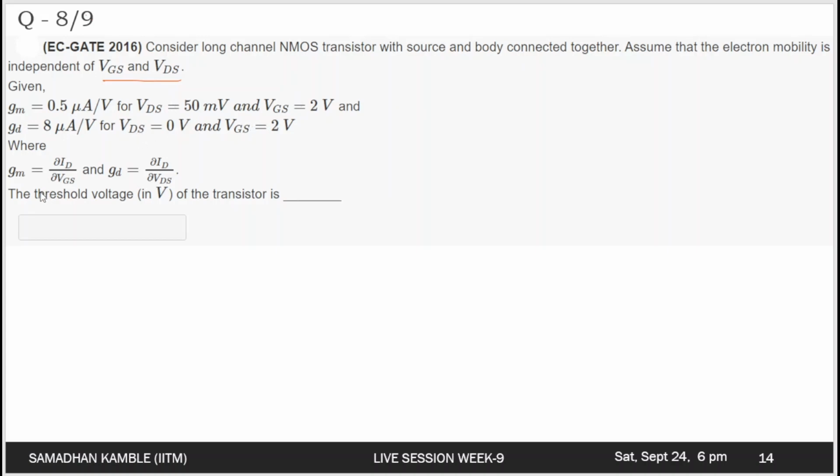We also know that GM is nothing but ∂ID by ∂VGS, and GD is nothing but ∂ID by ∂VDS. Now they have asked what is the threshold voltage of the transistor.